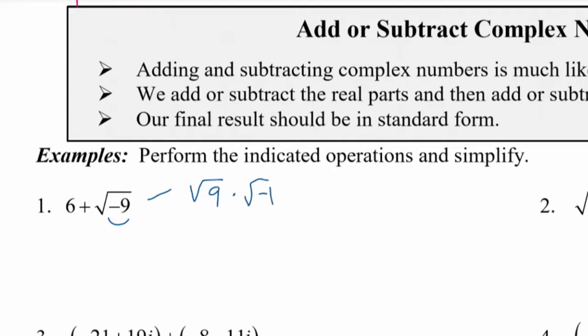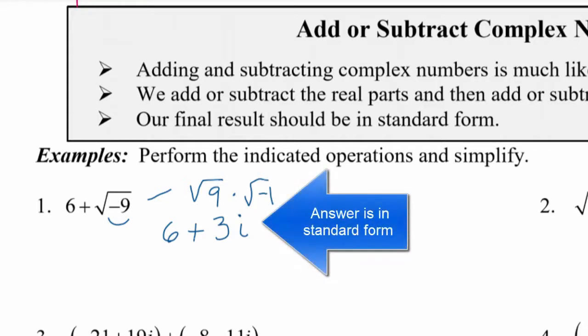I know that the square root of 9 is 3, and the square root of -1 is i. So there's your imaginary part for your complex number, and then the 6 is your real part. That is your complex number in standard form.